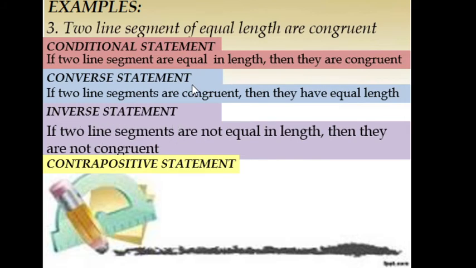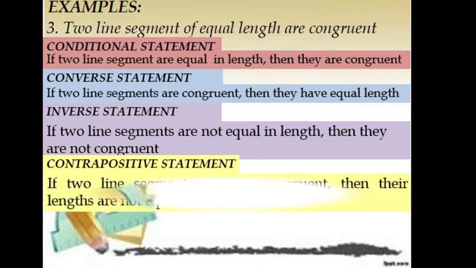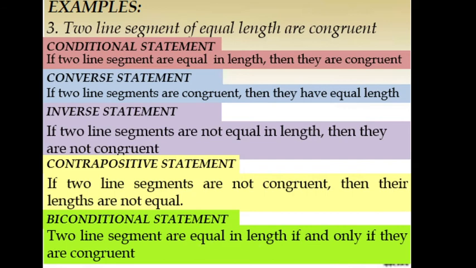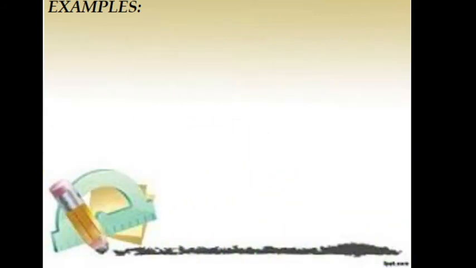Pwede rin naman na lagyan natin ng words na not yung ating converse statement. So, the contrapositive statement, if two line segments are not congruent, then their lengths are not equal. And for the biconditional statement, we have two line segments are equal in length if and only if they are congruent.